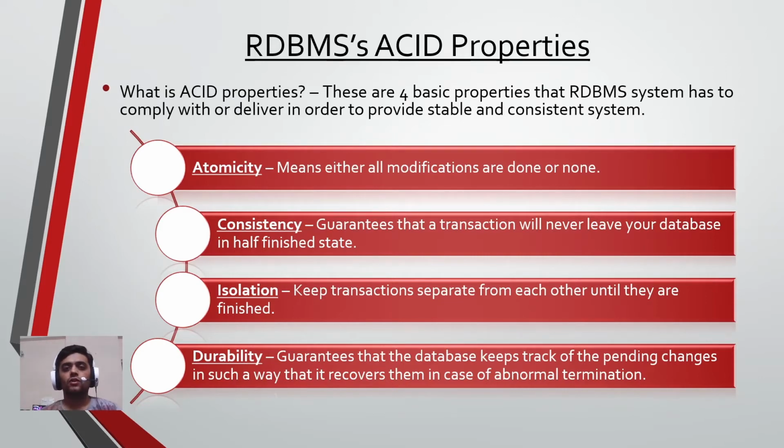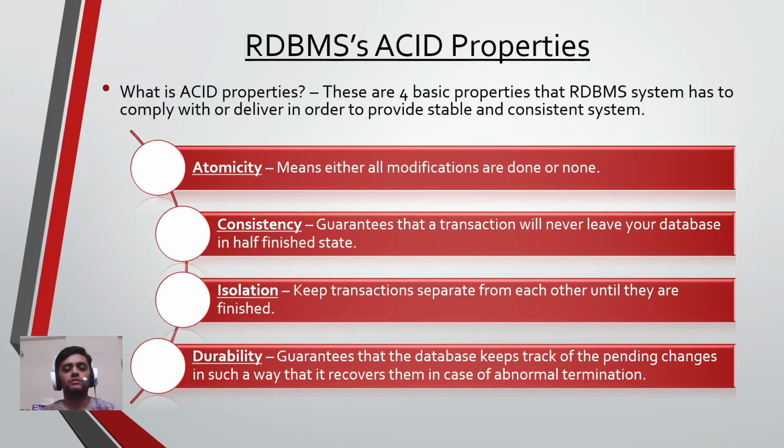Now of course, when we are talking about an RDBMS system, our database is generally serving as a backend layer for an application which is storing the data. An application can be anything. It could be a banking system, it can be a ticketing system, and there can be many users concurrently working on a database, right? So our RDBMS system needs a mechanism where all these users can work in parallel without impacting each other.